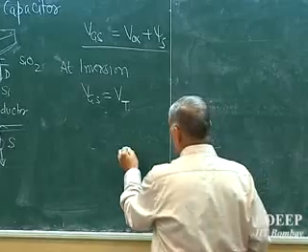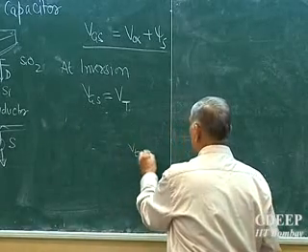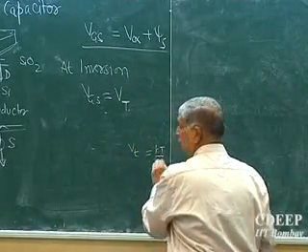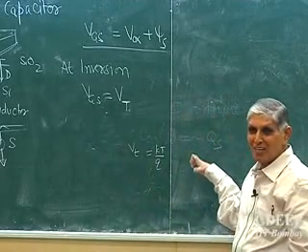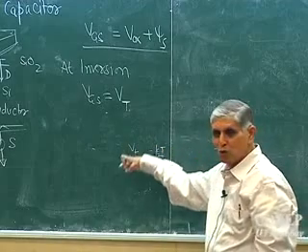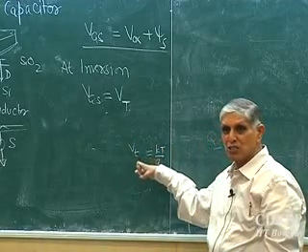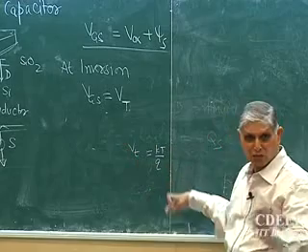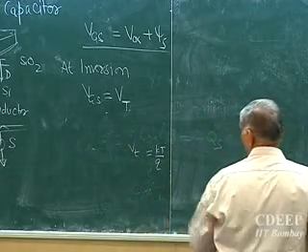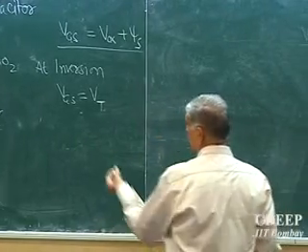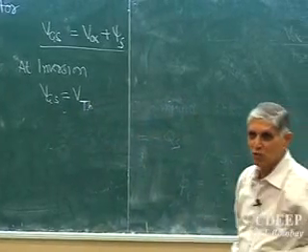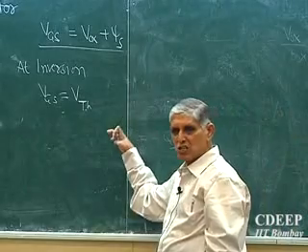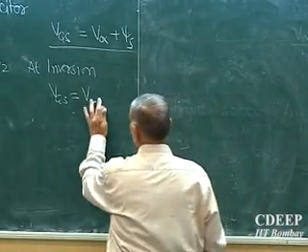This T has to be capital because sometimes people use small vt as KT by Q. So do not get confused many a times. In some books you may find VT small is KT by Q, so don't confuse with this. If you are very worried, you can also put H, but generally no one uses H, you only use VT.